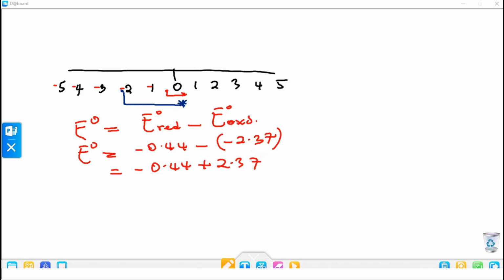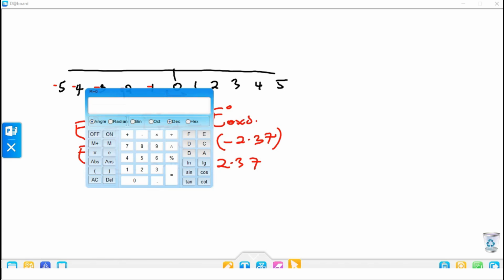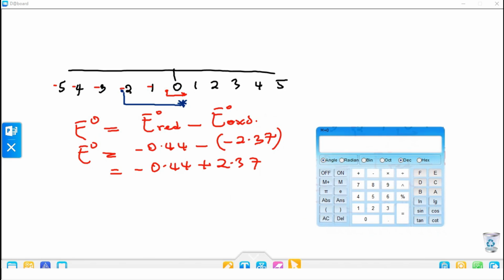With a calculator, we're going to have minus 0.44 plus 2.37, which is the same thing as saying 2.37 minus 0.44.